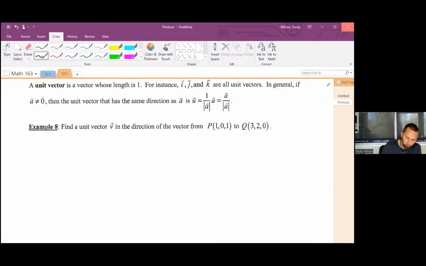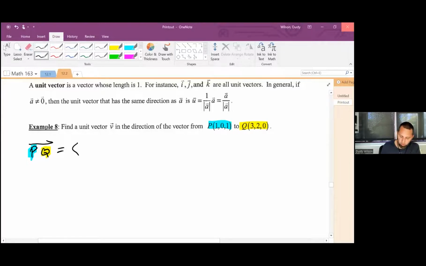So I first need to find the vector from p to q. So start with the p, go to the q, draw the little arrow over the top. And now we're going to find the difference in components. So again, I'm going to start with the q, and I'm going to subtract out the p. We've done this a couple times, so maybe I won't write out the work.